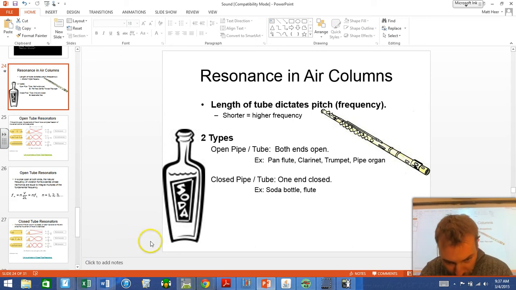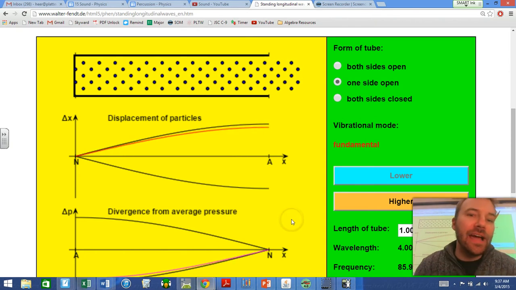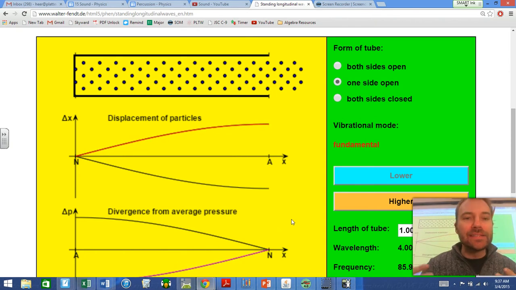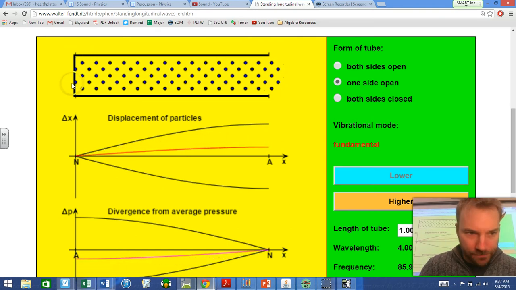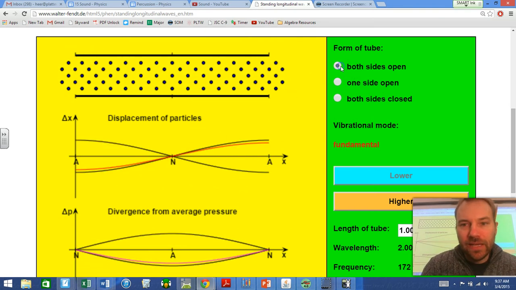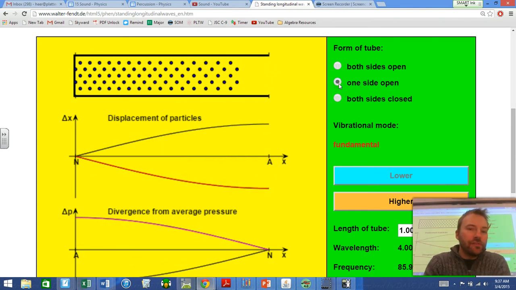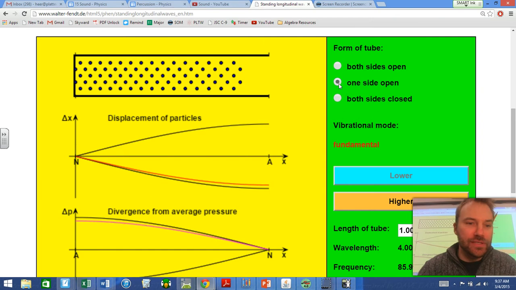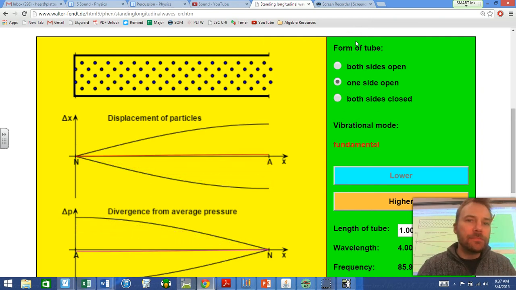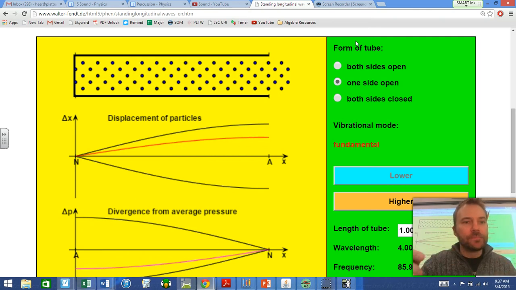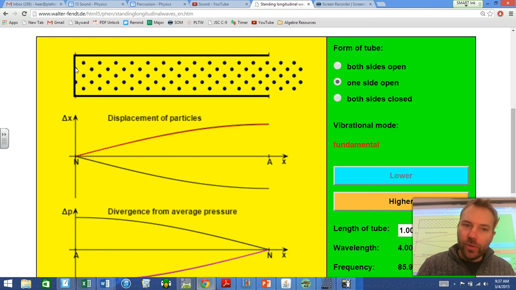So I found a really interesting graphic that shows what's going on inside of a pipe. What I've got here right now is a closed pipe, and I could make it an open pipe, open on both sides. We'll start first with a closed pipe resonator. At the closed end, the closed end is a node.